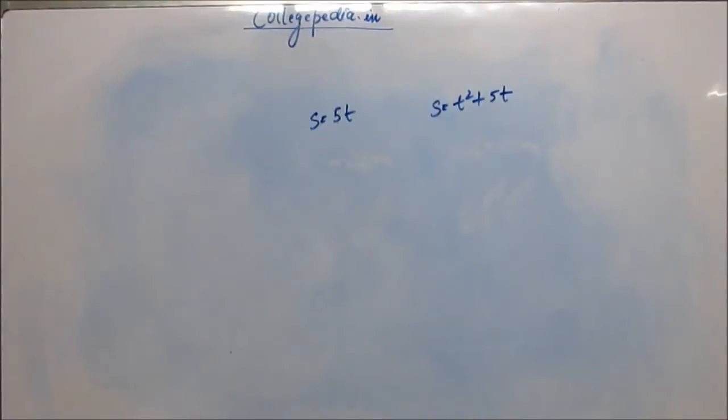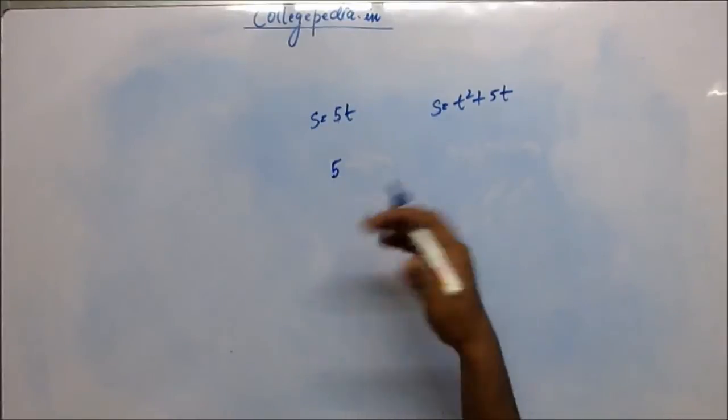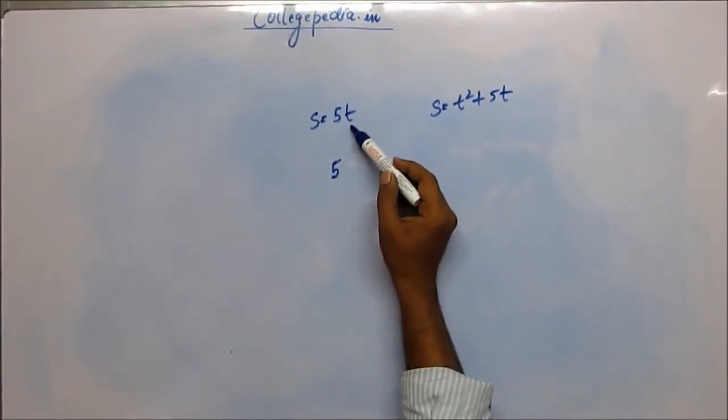And then I asked you to find the instantaneous speed. Instantaneous speed we found here as 5, doing some trivial calculations. Now we are coming back to physics already. So S is equal to 5t. Now I told you I am taking S for distance and t for time.